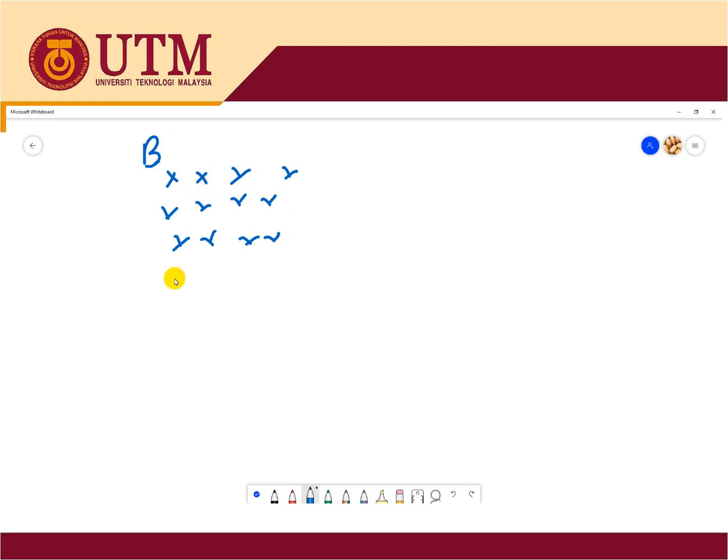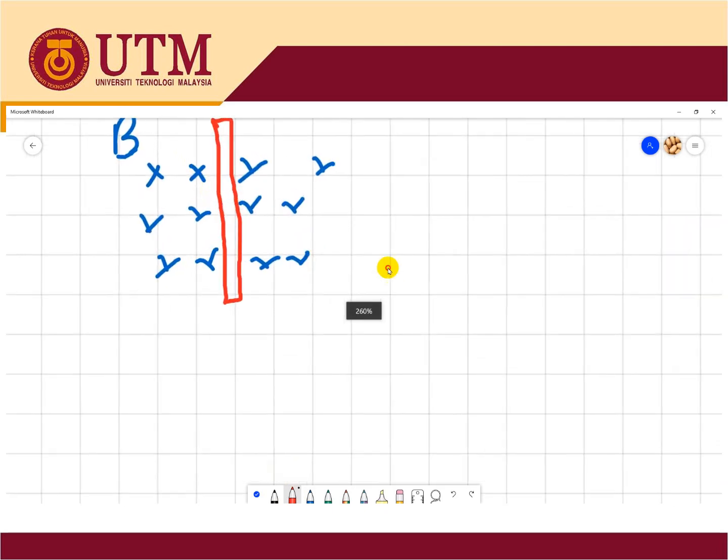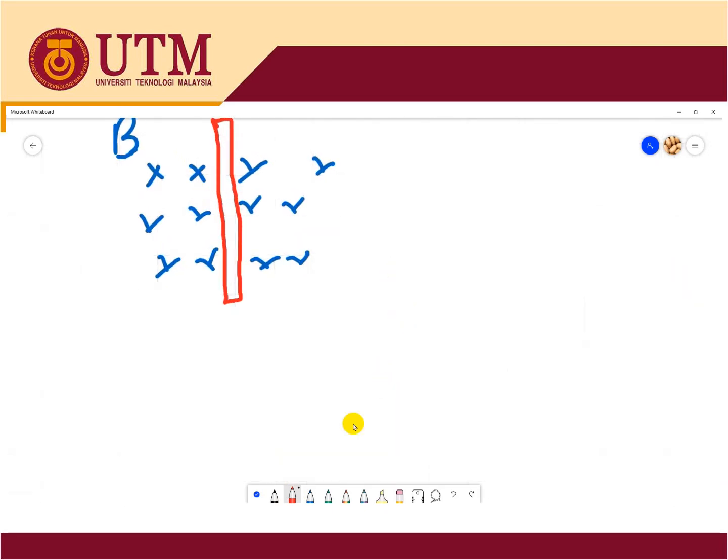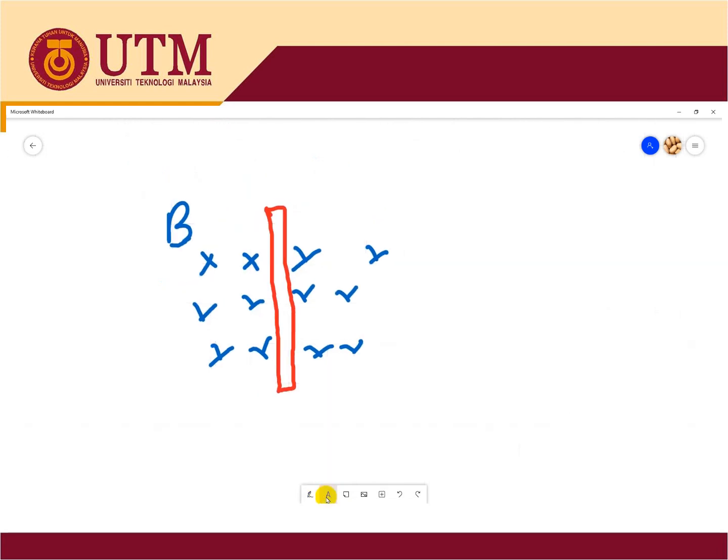Then you have a wire here, and the wire moves. Let me zoom first. And the wire moves in this direction.